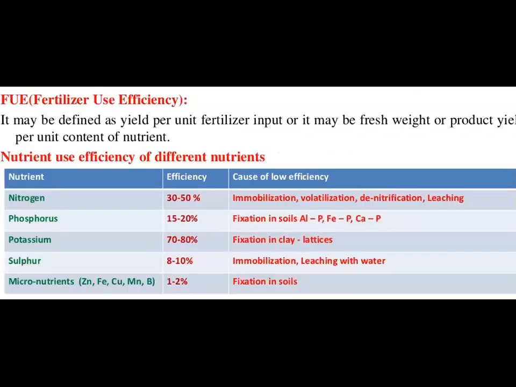Then fertilizer use efficiency. It may be defined as yield per unit of fertilizer input, or fresh weight of product yield per unit nutrient content. Different nutrients have different efficiency, depending on their mobility or immobility.